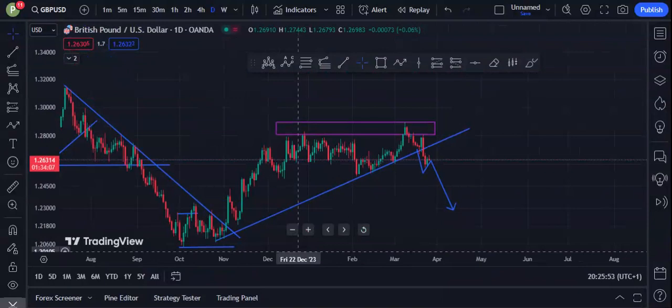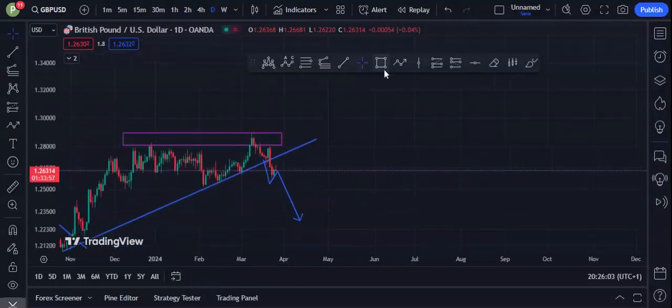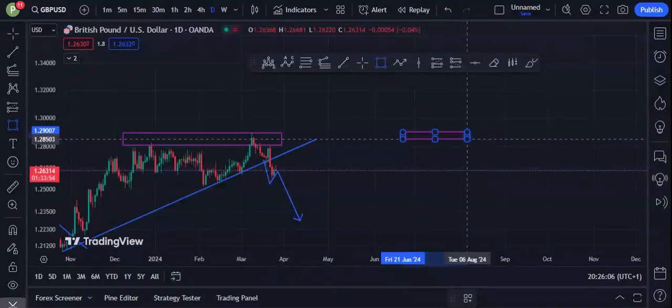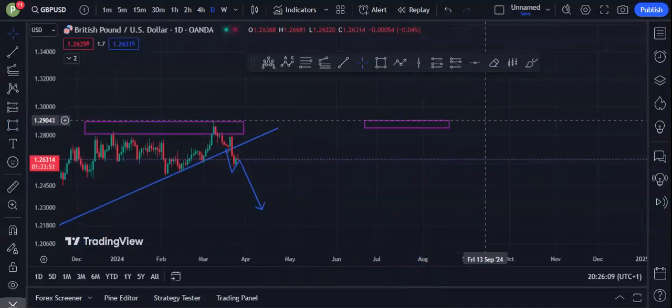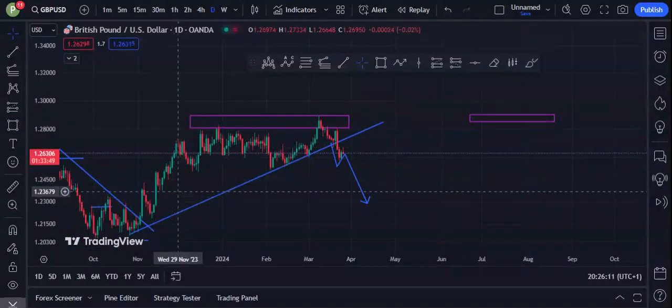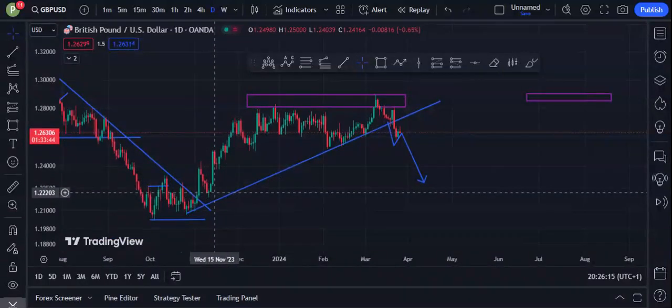So now, support and resistance zones. Support zones and resistance zones are actually easy to draw. We just need two places where the market rejected, two points where the market rejected and bounced off, or we could just take a previous lower high or higher high.